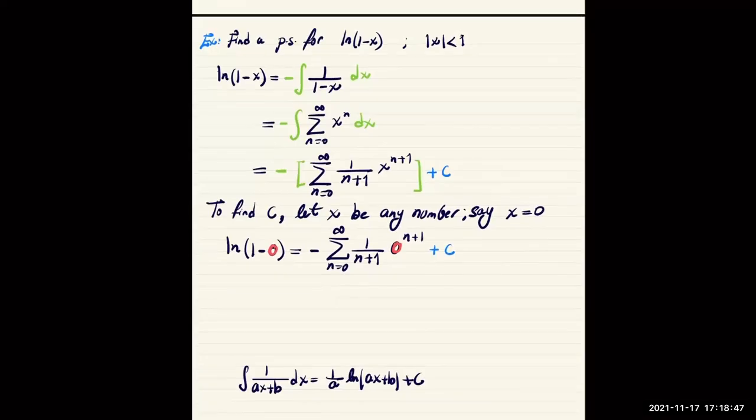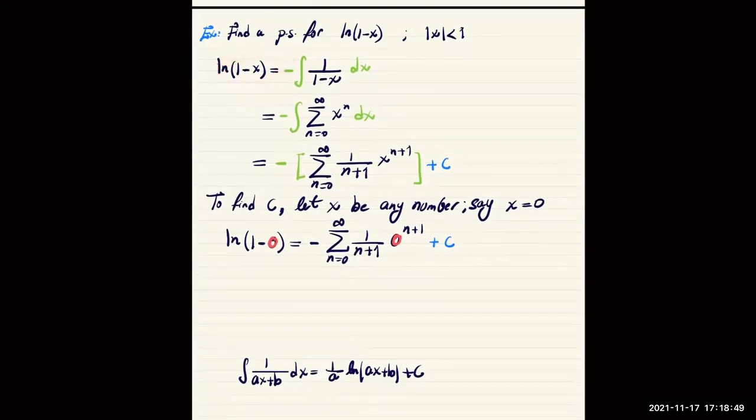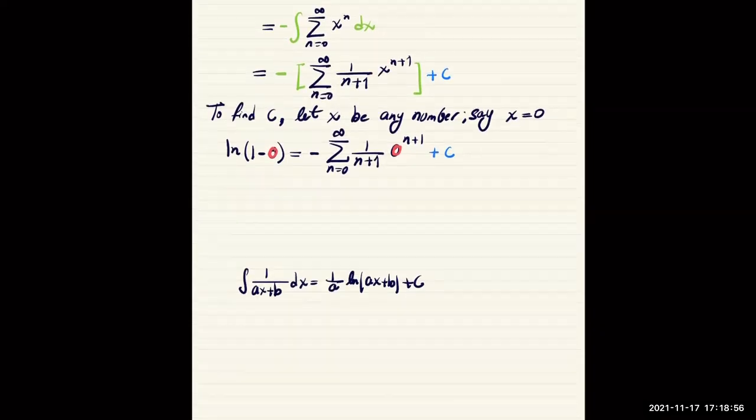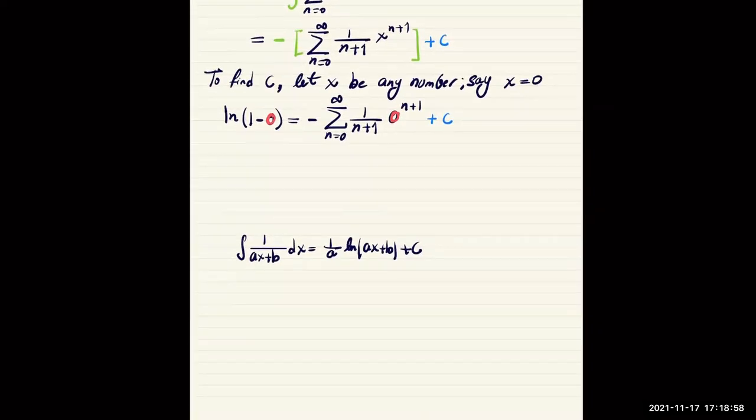So again, ln of 1 minus x is equal to this expression. I just replace x with 0. 0 to any power is 0. You're adding a bunch of zeros forever, so that thing is just going to be 0.